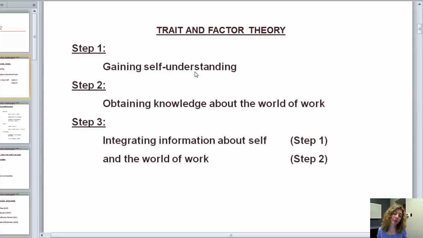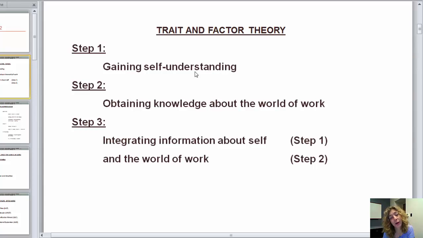It'll look very different to talk about occupations and explore careers and what different jobs do with a kindergartner or first grader than it would with someone who has many years of experience in the workforce. So bear that in mind as we go through this.